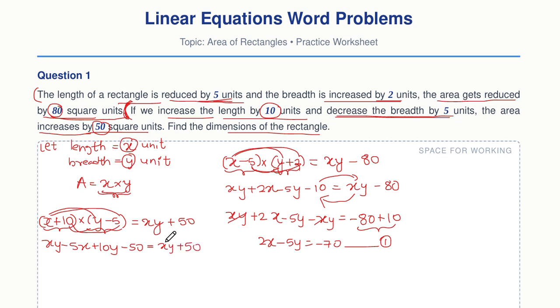Again the same procedure: we take this xy to this side and minus 50 to the other side. So we get xy minus 5x plus 10y minus xy is equal to 50 plus 50.